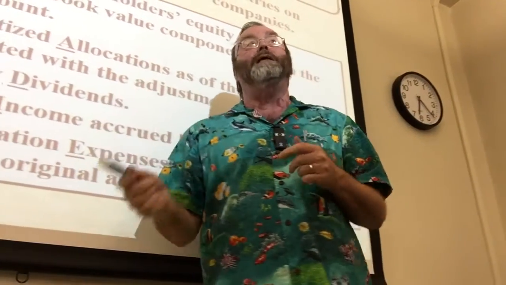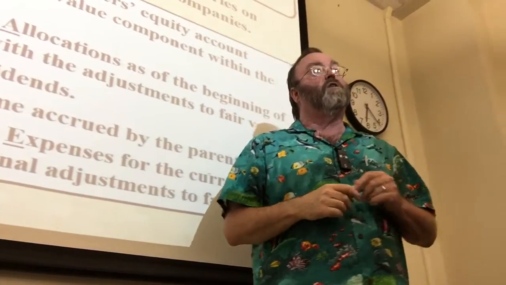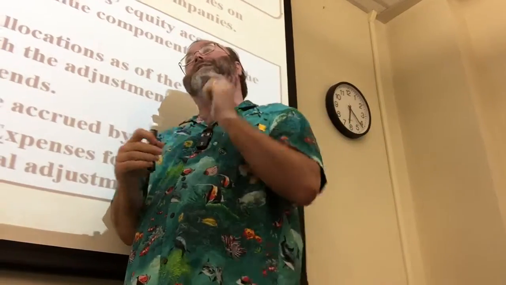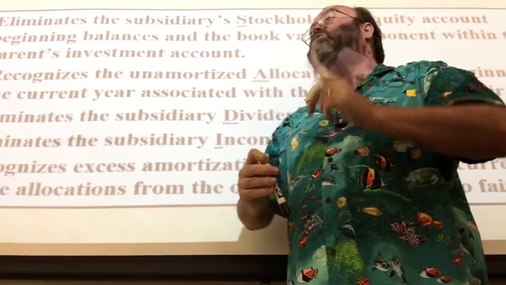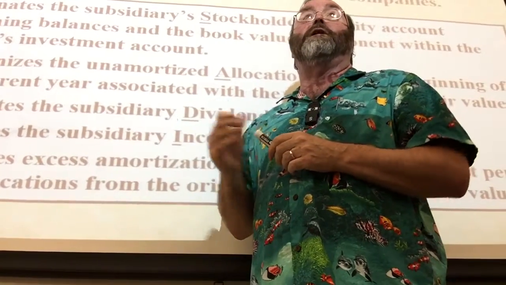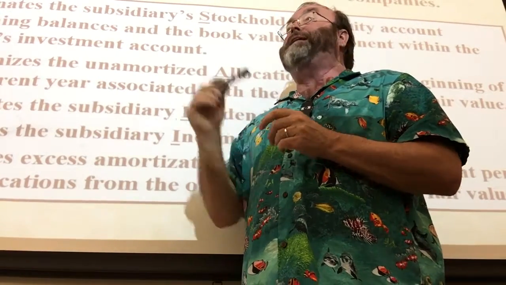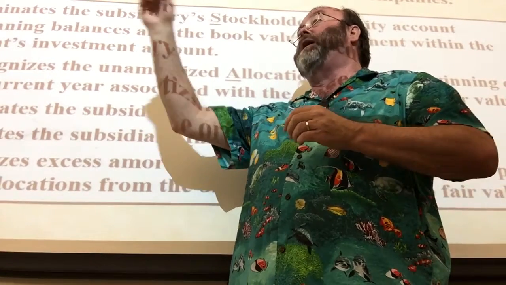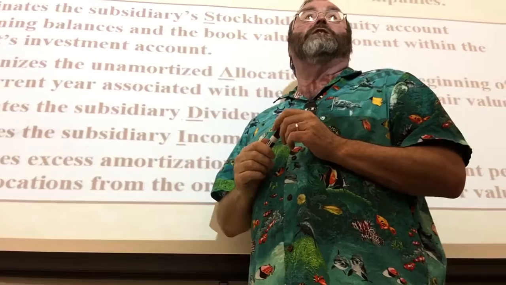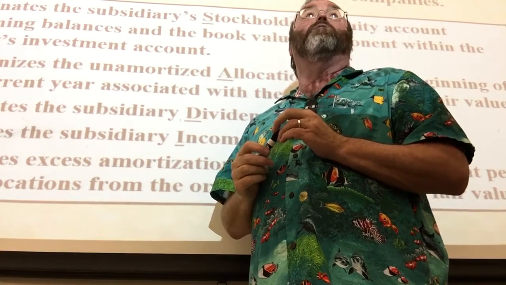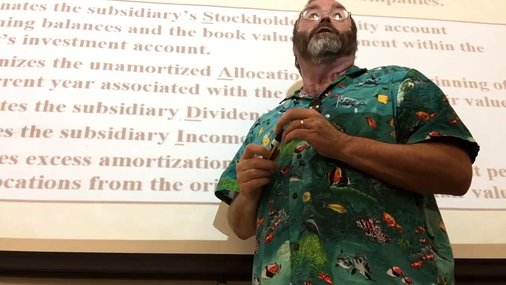Because what's going to happen year after year is that the $30,000 in tangible fixed assets that we had in this example is going to go down every time we reduce it by that $6,000 reduction in depreciation.